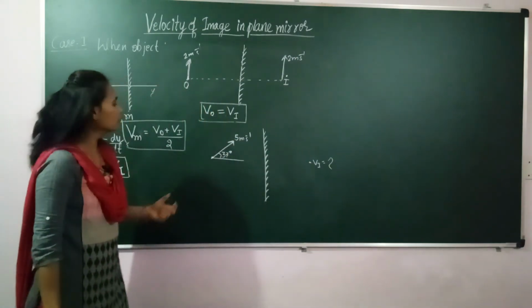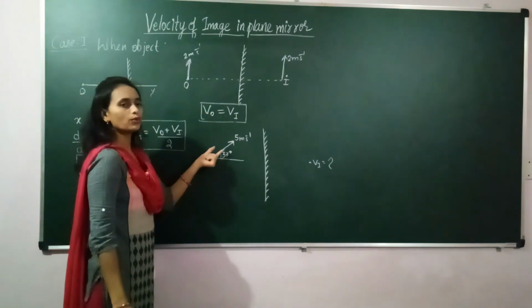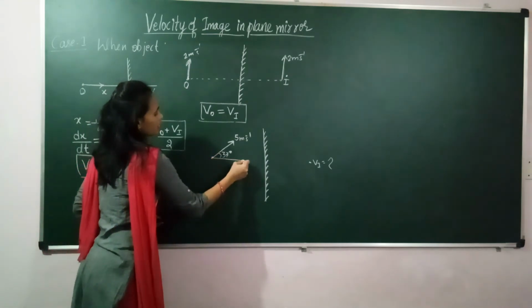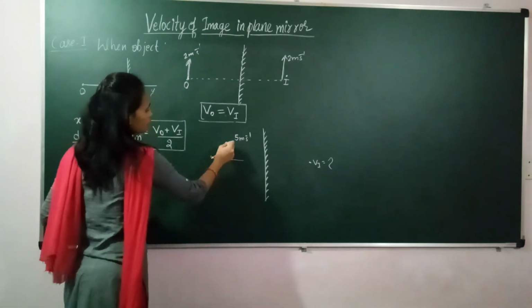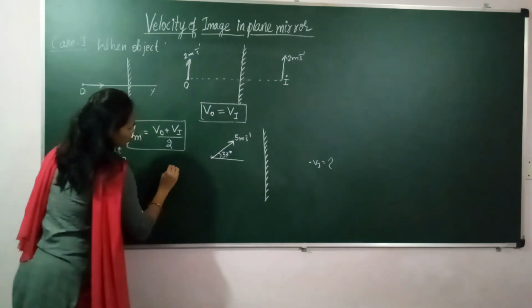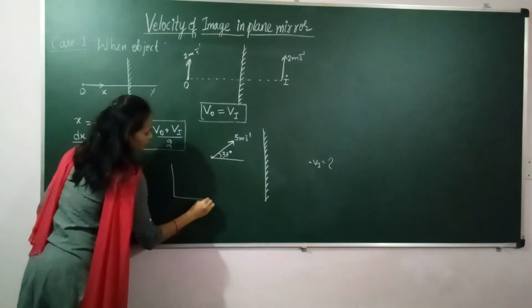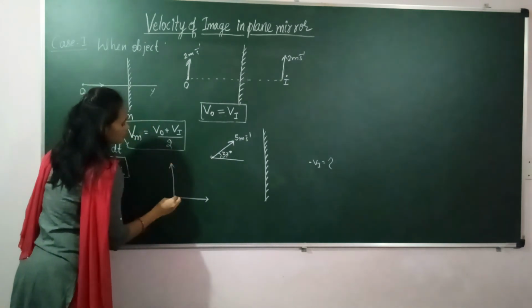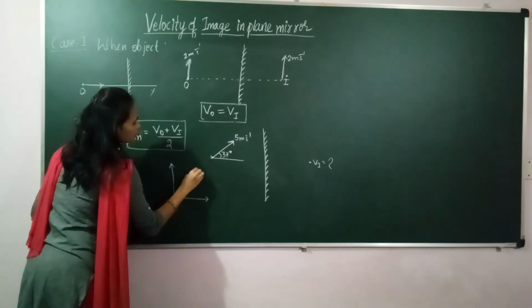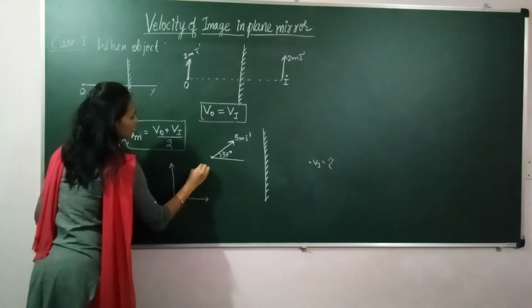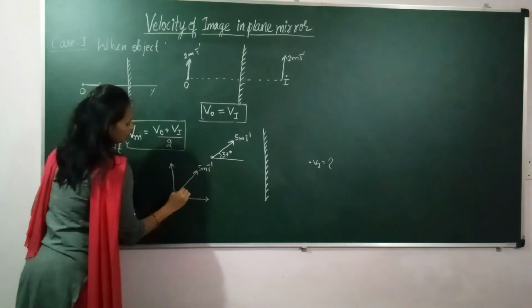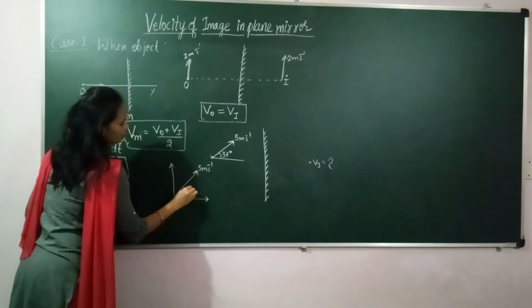In this case we will split this vector into two components, perpendicular and parallel. So see here, the perpendicular component and the parallel component, and this is the velocity of the object, 5 meter per second at 37 degree.